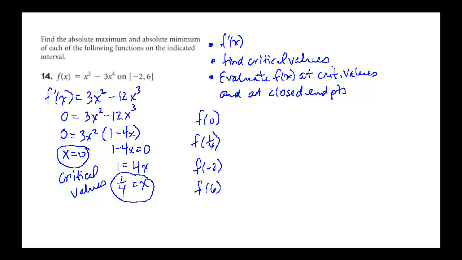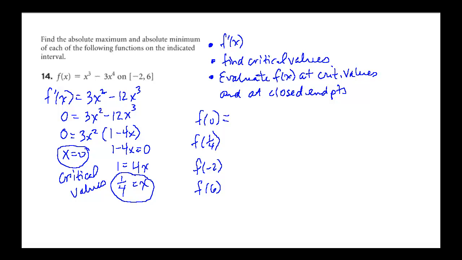Because our critical values may be the places where we have a maximum or a minimum, right? Those critical values are always our candidates for maximum or minimum. But remember, because we have these endpoints, we might be cutting off the graph at some point where that point might be higher than our relative maximum or lower than our relative minimum.